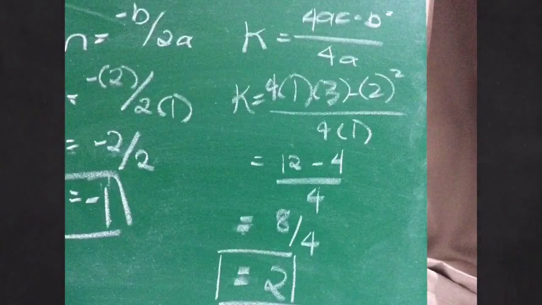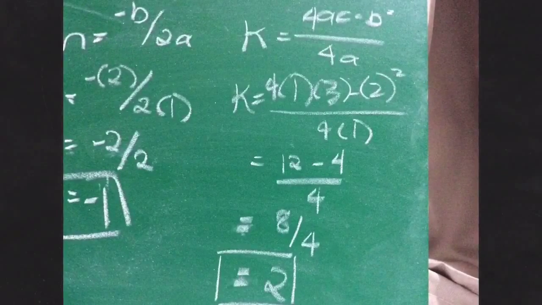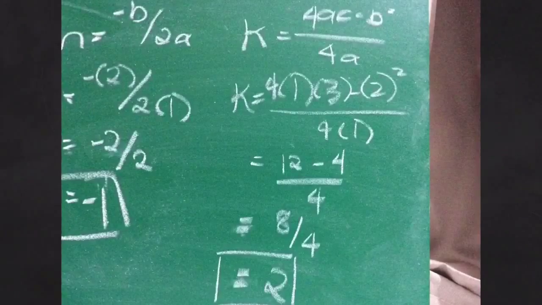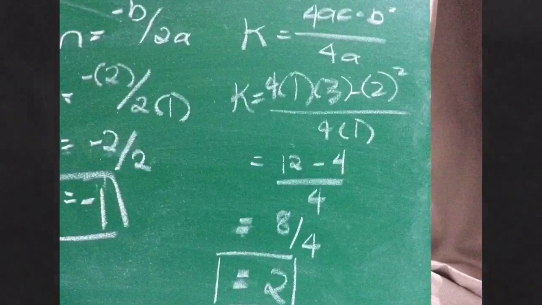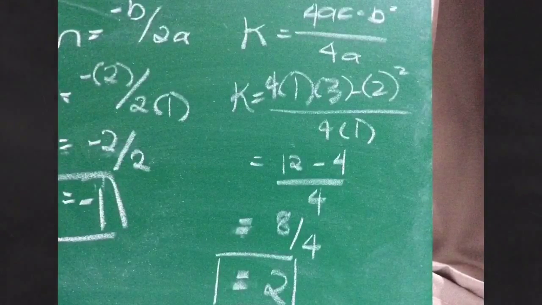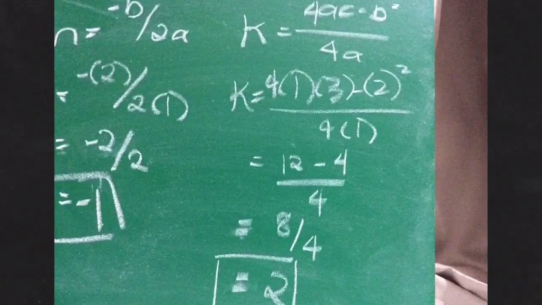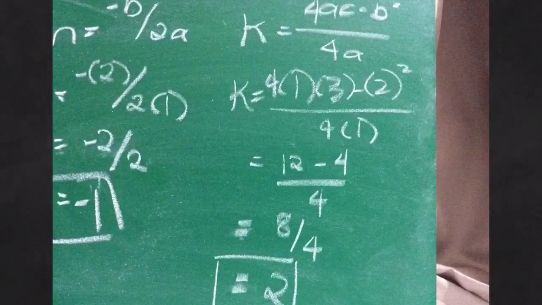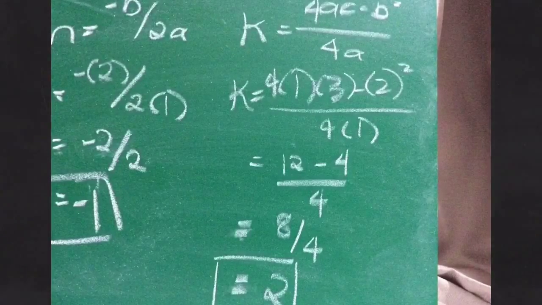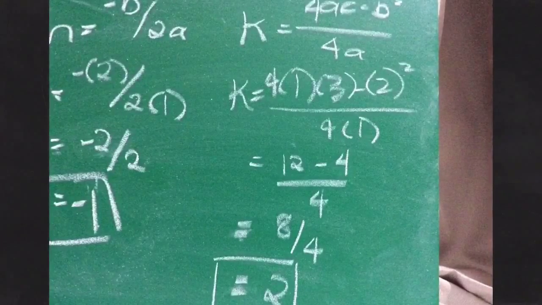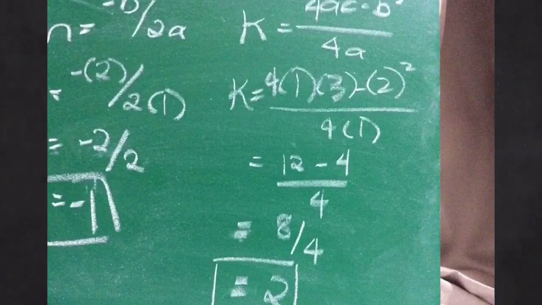Now, we solve k using its formula. Substitute the values into the formula and simplify. In the numerator, we multiply 4 to 1 and 3, which gives us 12. We also get the answer of 2 squared. In the denominator part, multiply 4 to 1.